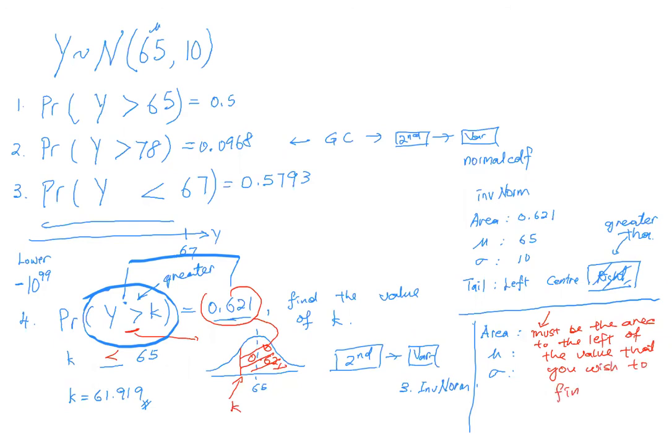Are you clear? It must be to the left. So this area is to the right, correct? So what we need to key in is 1 minus 0.621. The rest remain the same.